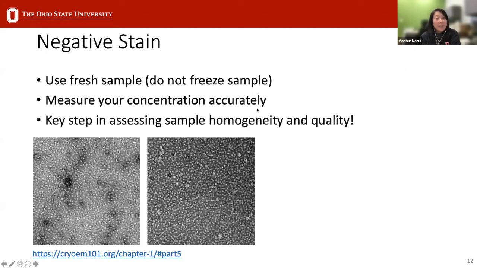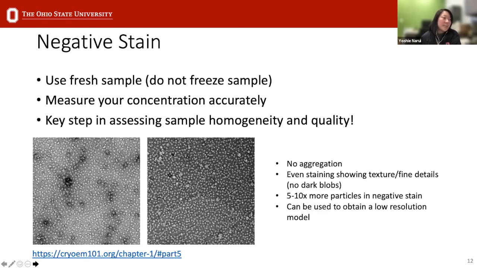And it really is a key step in understanding your sample homogeneity and quality. So I'm showing you two images here of two different types of particles that would be approved for moving on to making cryo-EM grids. What we like to see is essentially no aggregation or very little aggregation, and nice even staining.